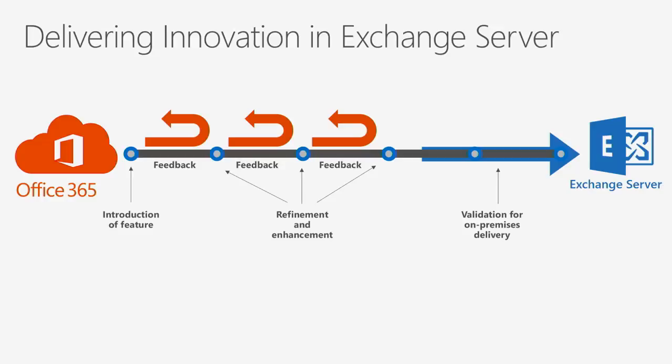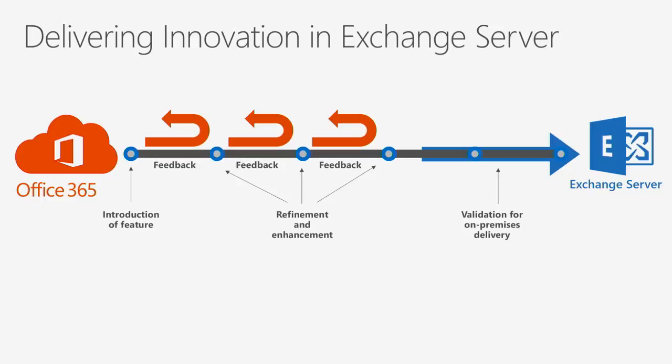So the way we do things now is pretty different in that we're not developing for the on-premises product directly. Rather, we develop for the cloud-based product, in this case Exchange Online, and we have a very fast approach that we take to it. We can innovate very rapidly and introduce new features. In fact, we're doing that almost on a constant basis, not just with Exchange, but all across Office 365.